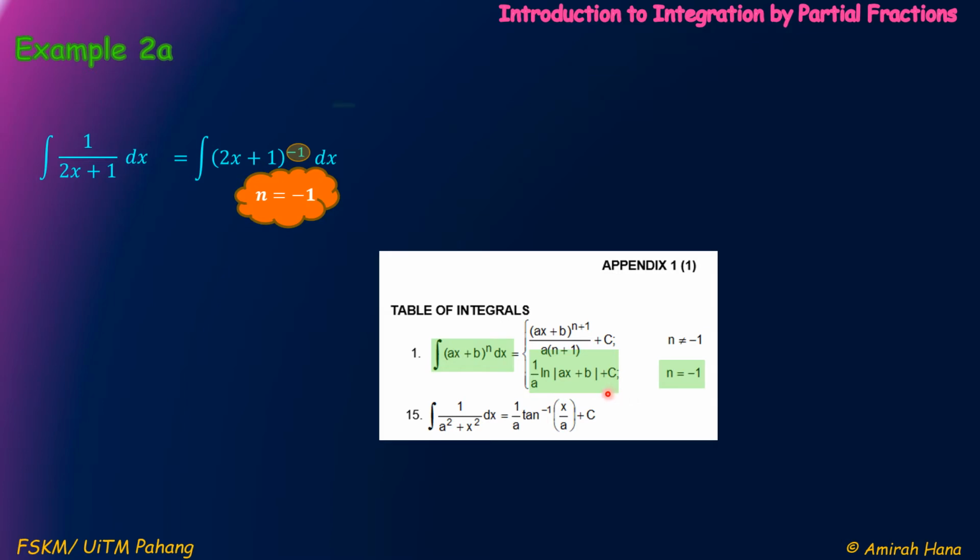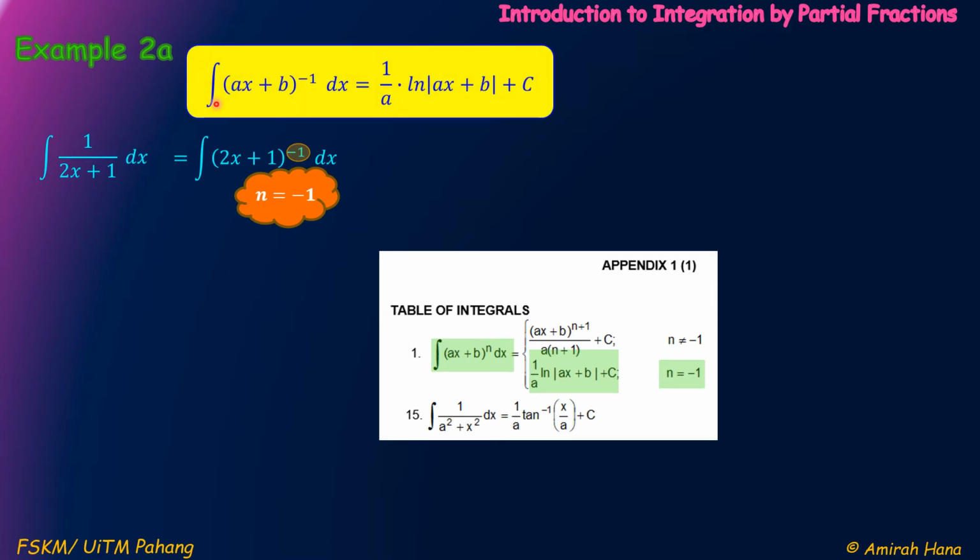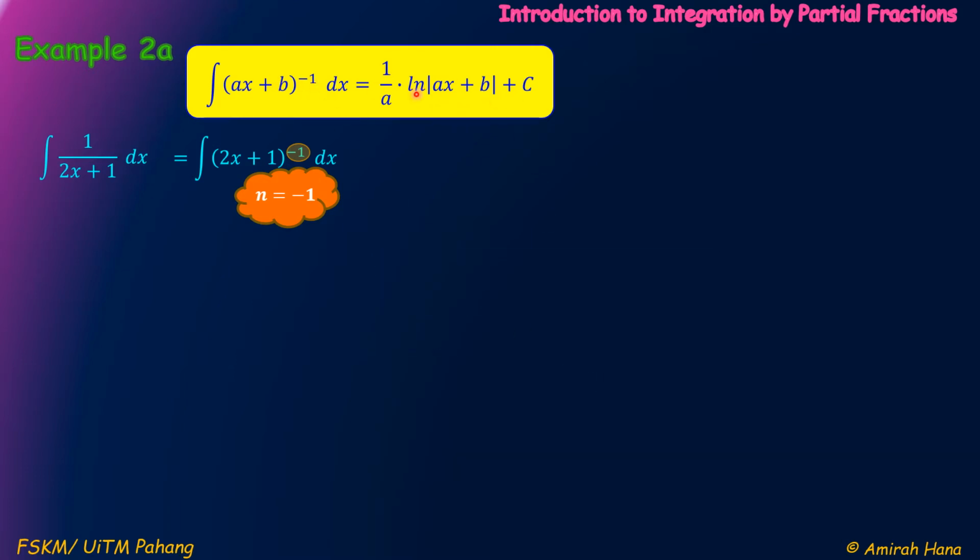So from this formula, we can write the integration of (ax + b)^-1 by replacing n with -1, and dx equals 1 over a ln modulus ax + b, plus c. Using this formula, after we integrate, we have 1 over 2, since a means the coefficient of x.